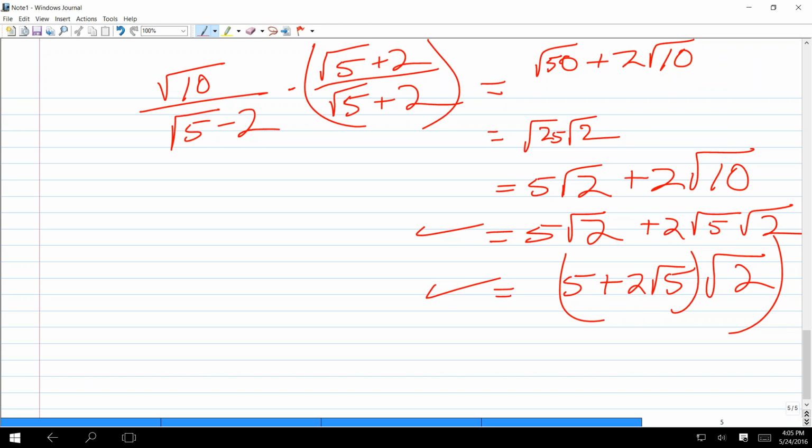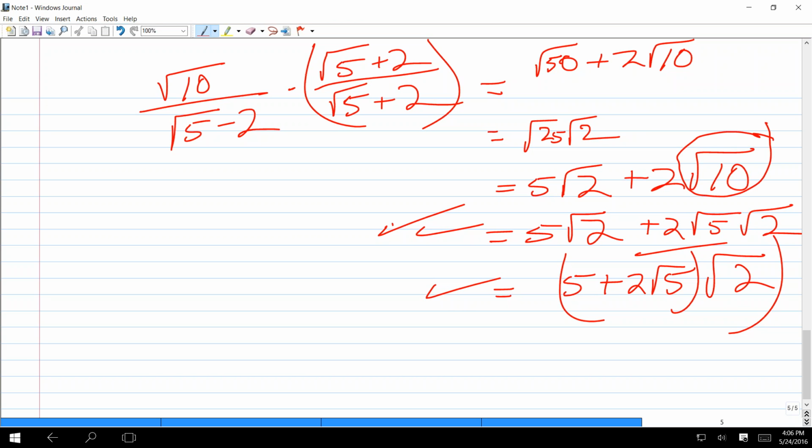Okay. And I guess this is the way you would want to show your answer, exactly like that, in factored format, as opposed to this, which is in unfactored format. And like I said, it's rare where you break up root 10 into root 5 times root 2.